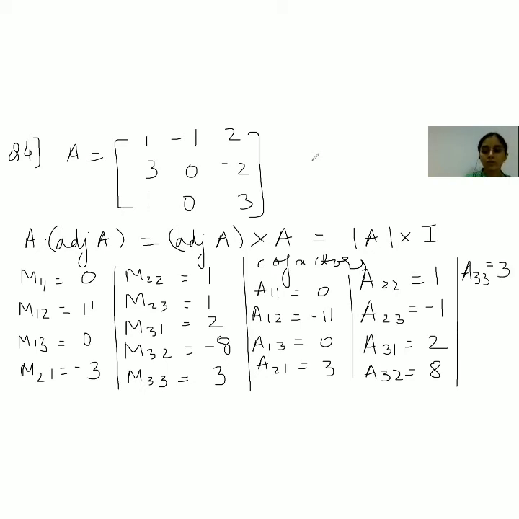Okay, from the cofactors, let us write the matrix of cofactors. So the matrix of cofactors is equal to, let us put it in tabular form, 0, 3, 2, minus 11, 1 and 8, 0, minus 1 and 3.